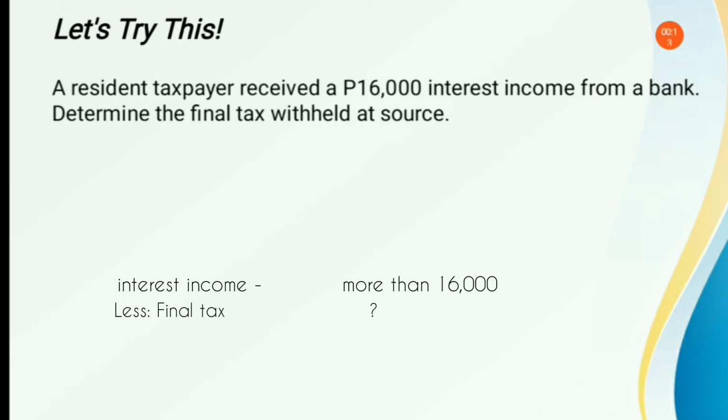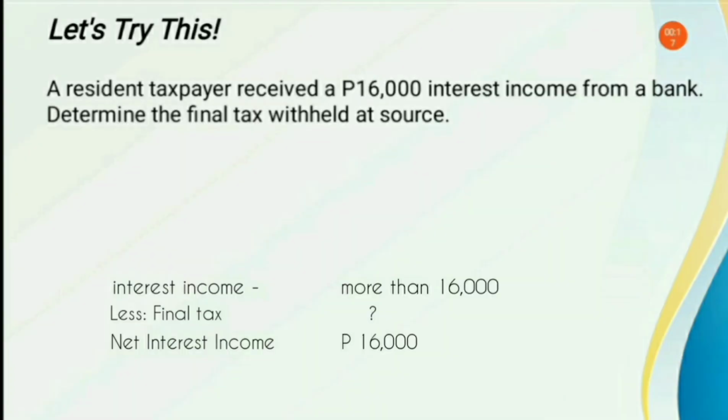Kaya, ang natanggap ni taxpayer is only 16,000 pesos. And then the corresponding final tax rate for interest income is 20%, right? So, let's put it here, final tax. So, this is 20%. Tapos, etong interest income, this is the 100% kasi ito yung base natin sa computation ng ating final tax.